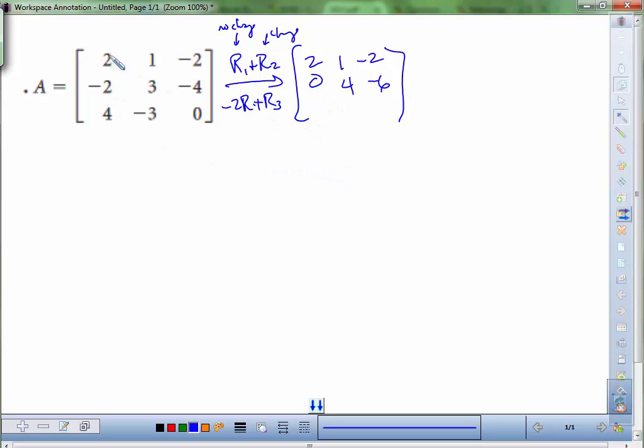So this would be negative 4, positive 4 is 0, negative 2, minus 3 is negative 5, positive 4, and 0 is positive 4. Okay. So I'm looking at this negative 5 now and want to get rid of that. So let's see if we can get rid of that.